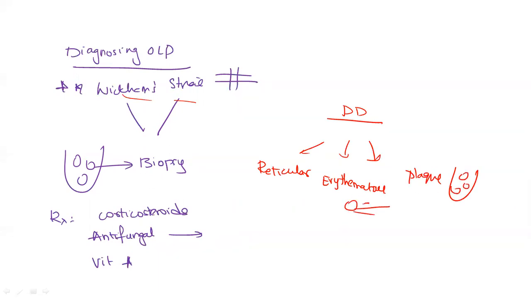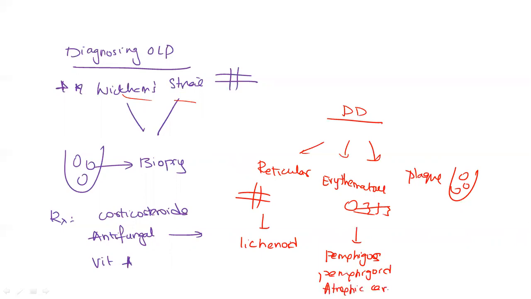So a differential diagnosis for reticular type is lichenoid lesions, and for erythematous, it is pemphigus, pemphigoid, and atrophic candidiasis, lupus erythematosus, and erythroplakia. Okay, and for plaque related, it is leukoplakia.